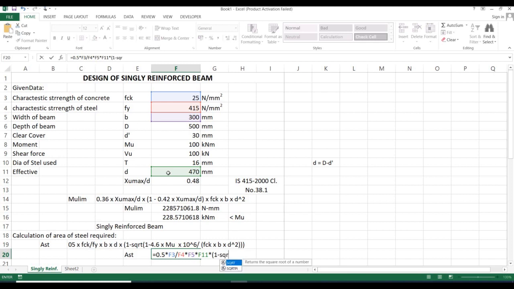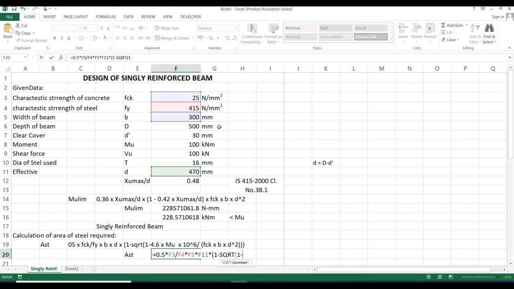So this is the SQRT. If I write it, you can see the values also. You can just double click it so that it will be opened, SQRT into bracket.